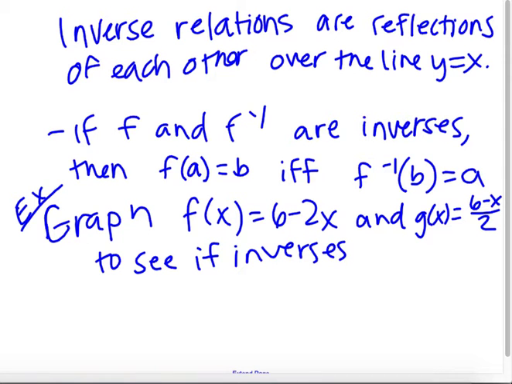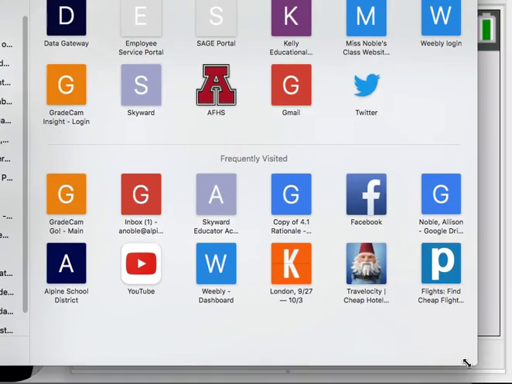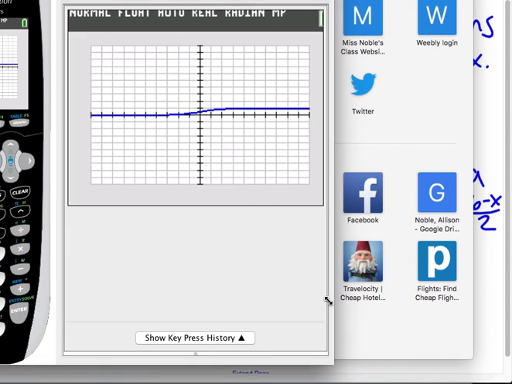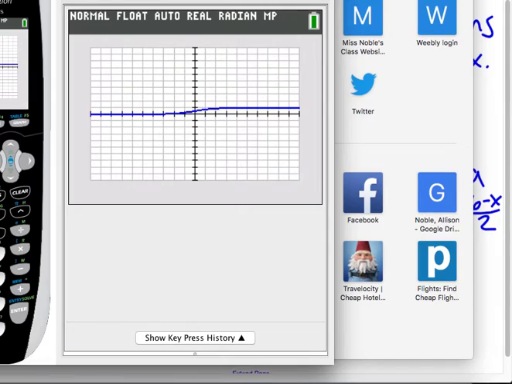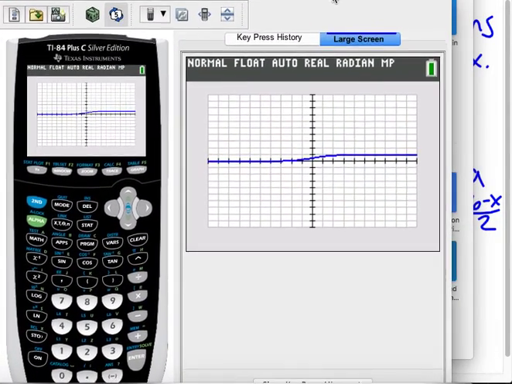So when I graph those, I'll graph them in the calculator. Let's see, I can't see all of that right now. There we go.